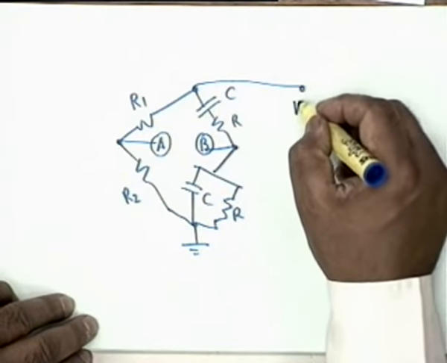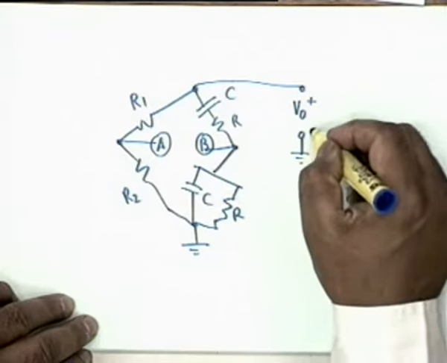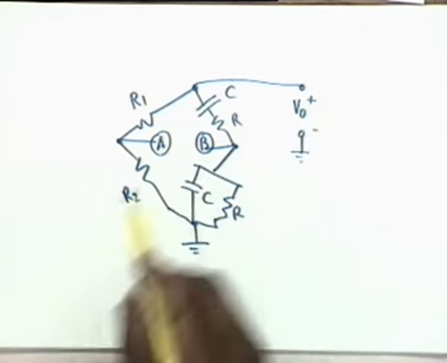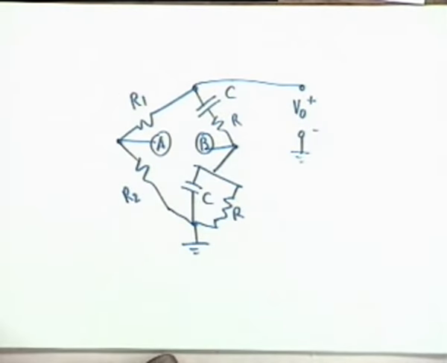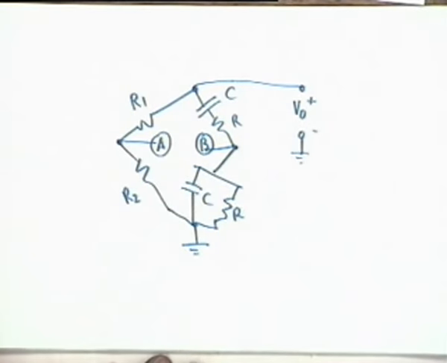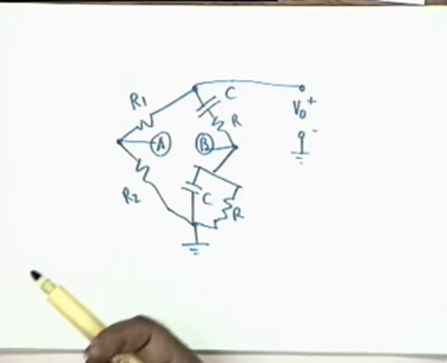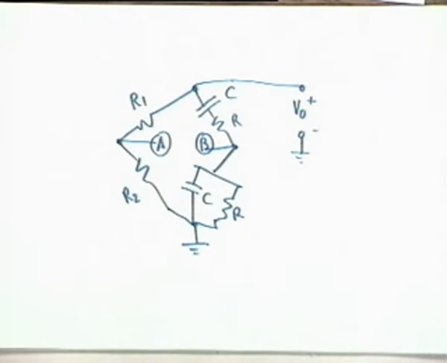This is my output voltage V0. Okay, in between A and B you have the inverting and the non-inverting terminal of the op-amp, and you see that this exactly looks like a bridge.